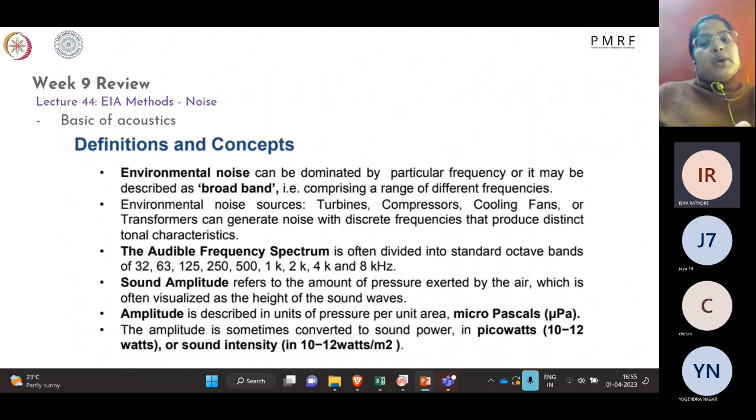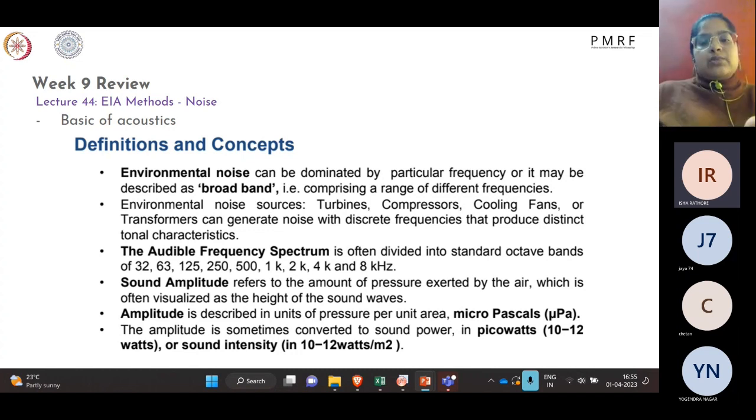And environmental noise is defined as broad band, which includes a range of different frequencies. Environmental noise sources can include things like turbines, compressors, cooling fans, or transformers, which generate noise with discrete frequencies that produce distinct tonal characteristics.